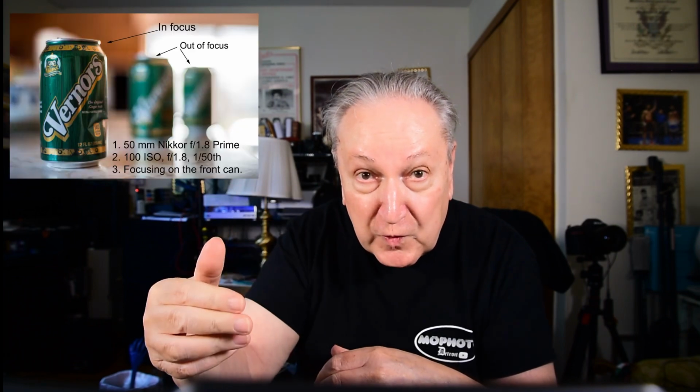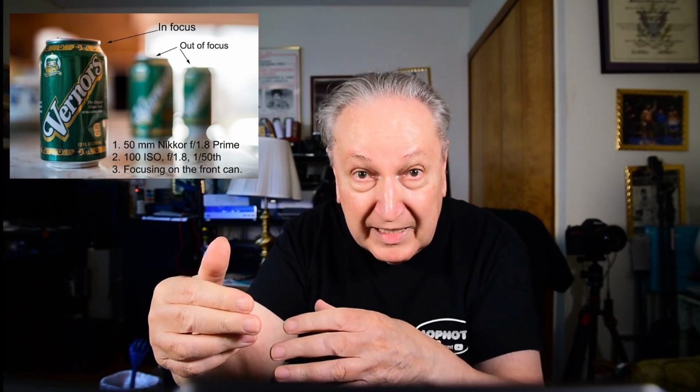There's a word to say about f-stops, the aperture. The smaller the aperture, the way it closes down, and you'll see that in the picture up here, the more depth of field you have. Depth of field is something where if you have 3 cans sitting in a row, you can focus on the front one and have the other 2 cans out of focus.